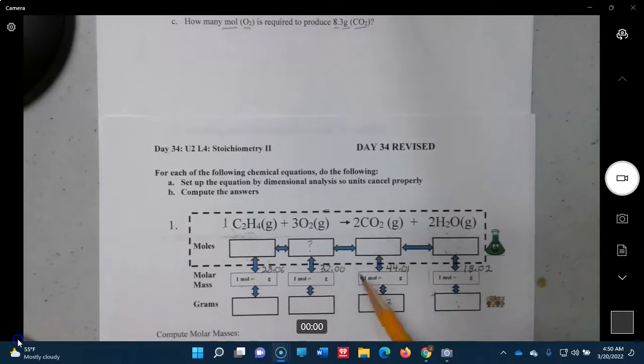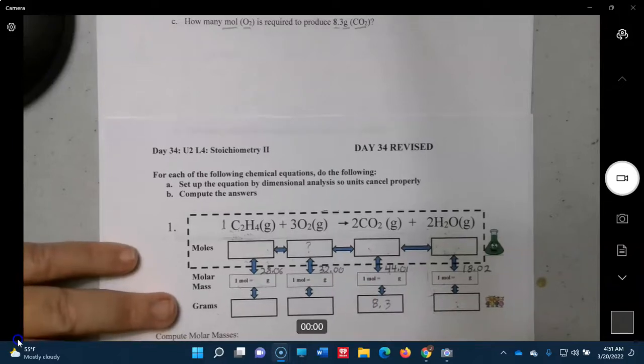Okay, so now this is what we know. This is what we're trying to find. So we have to go up and over like this. Okay. Up and over like that. So our first conversion is going to be the 1 mole equals 44.01 grams for CO2. So that's our first conversion.